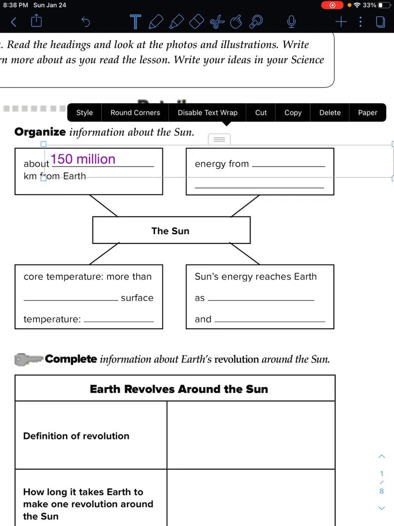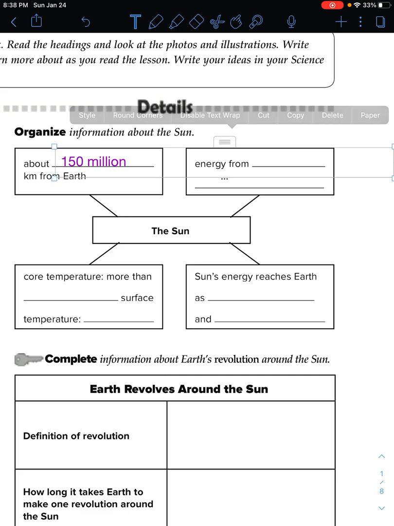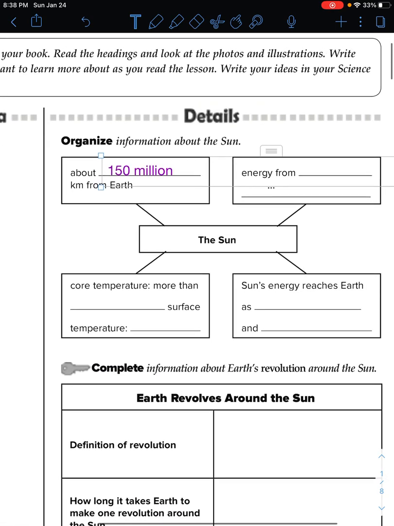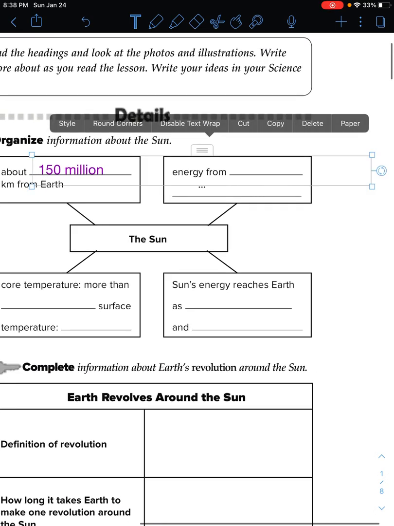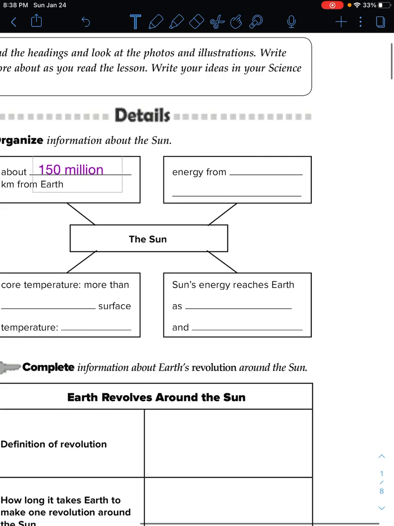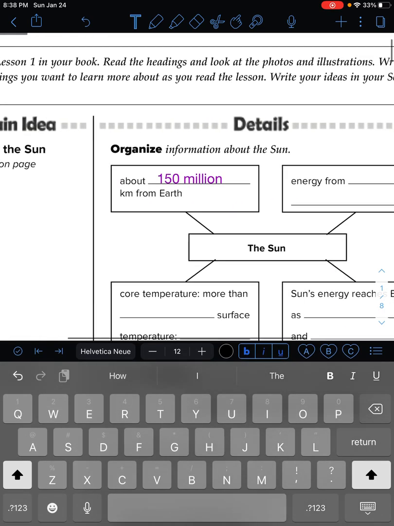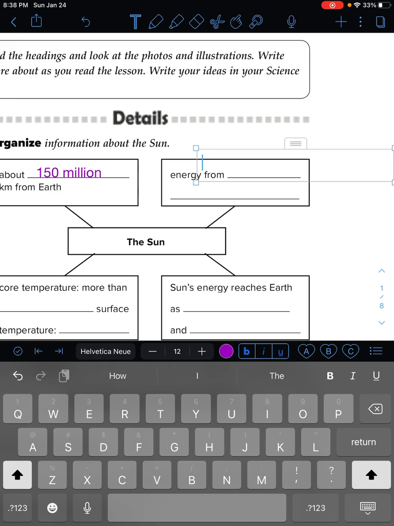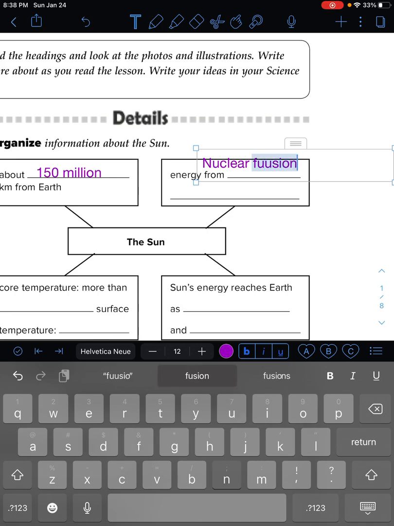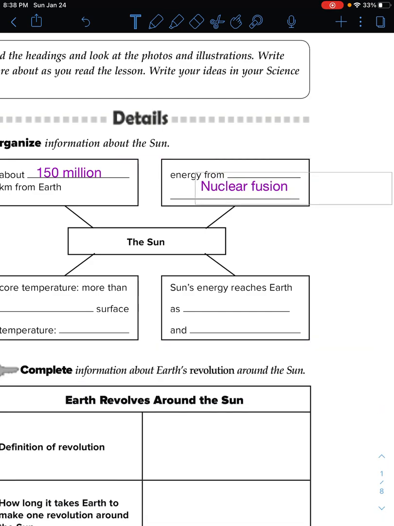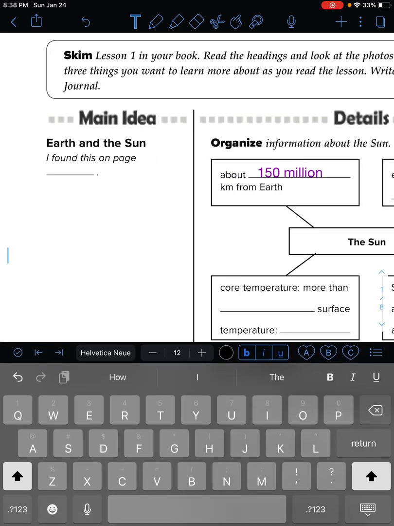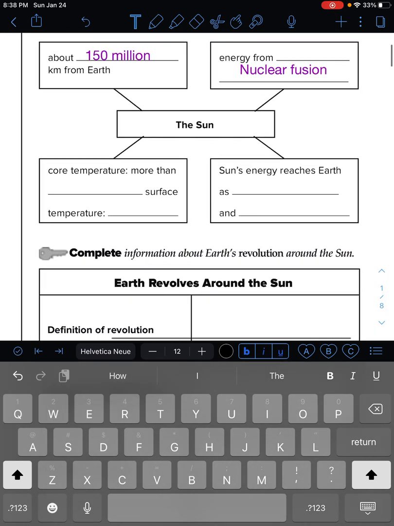Do you remember that hydrogen, helium? Still learning how to do the typing portion a little bit better. So it's from nuclear fusion. So when they join together, let's put that right there, okay?